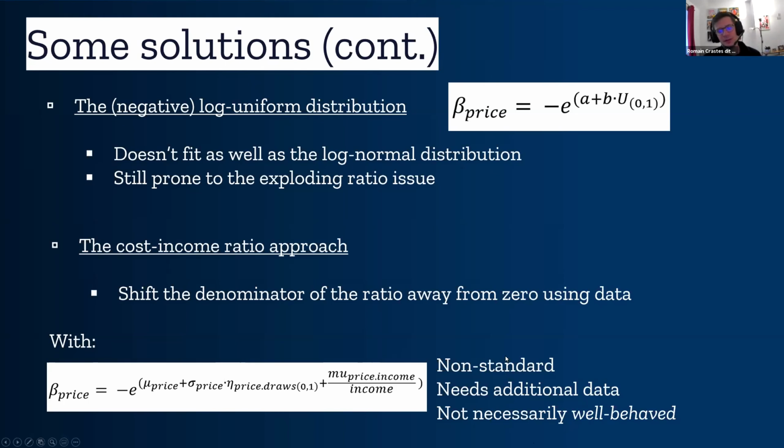But this is non-standard, because this isn't a standard interaction variable. This is a division instead of multiplication. This needs additional data, and this is not necessarily well behaved. Okay, sometimes you get a cost-income ratio which isn't of the right sign, and then that doesn't help with shifting the denominator of the ratio away from zero.